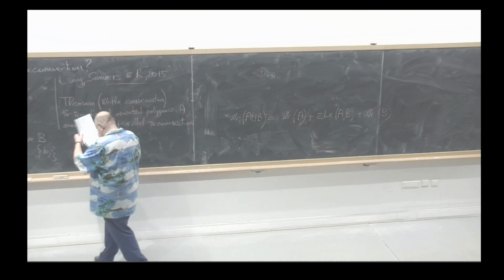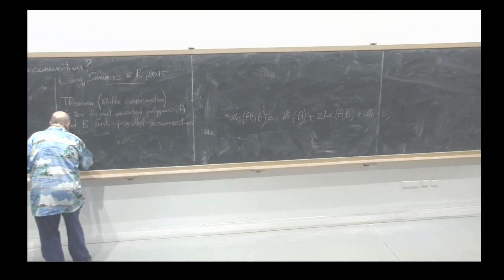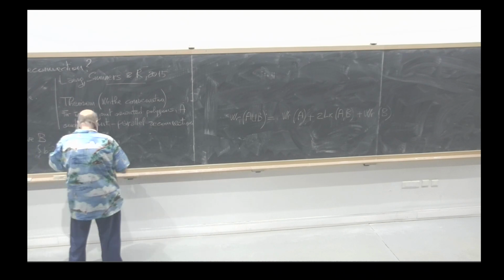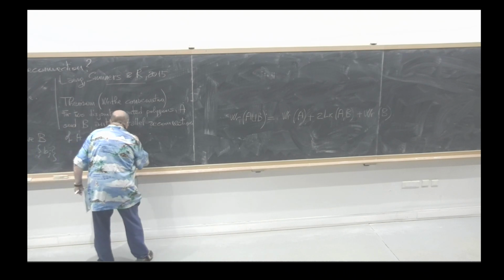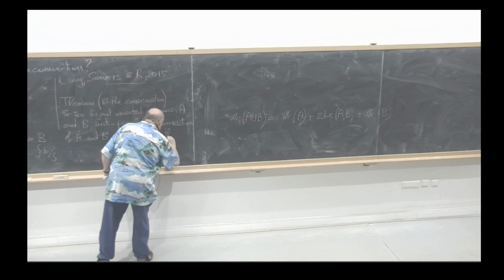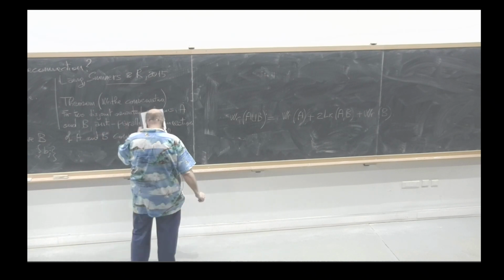Anti-parallel reconnection of A and B conserves writhe, i.e.